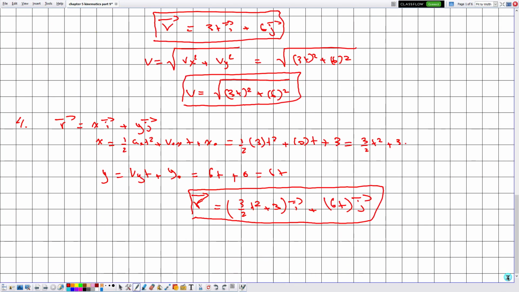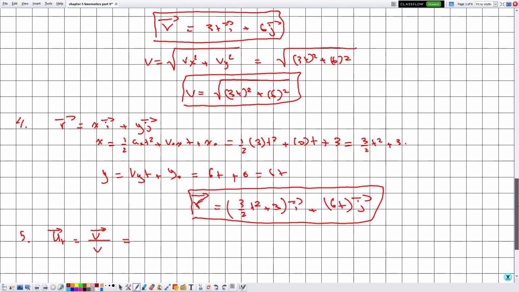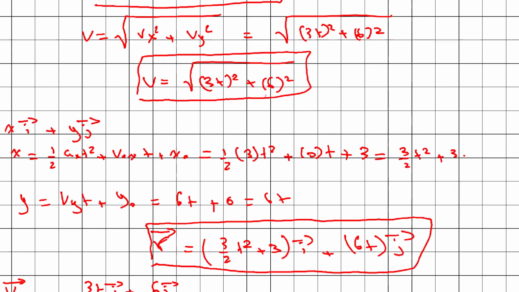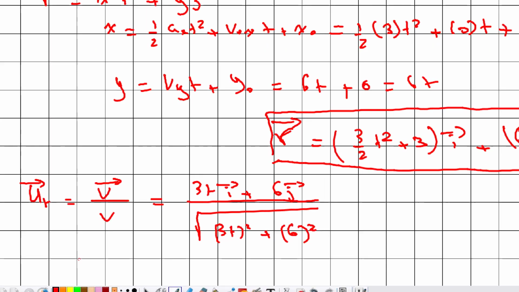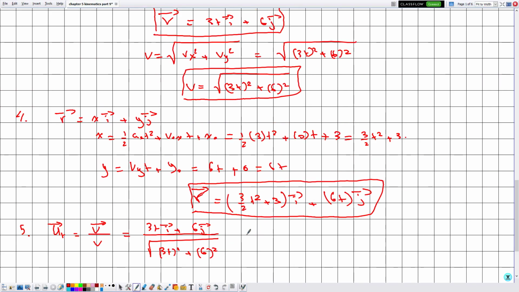The tangential unit vector is by definition the ratio of the velocity over the speed. The velocity is given by 3t i plus 6 j divided by its speed, which is given by this. So notice this is a vector definition. Vectors must exist on the left and on the right. This expression consists of two fractions having the same common denominator, which is this.